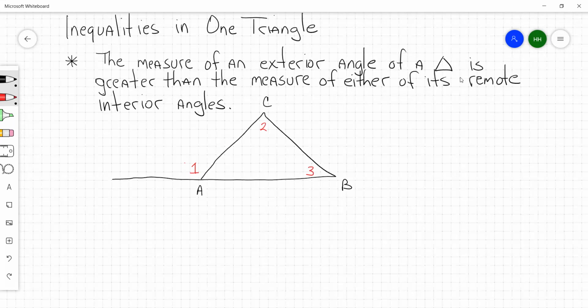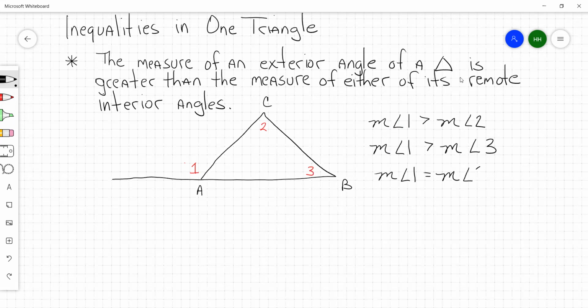So the measure of angle 1 is greater than the measure of angle 2. The measure of angle 1 is greater than the measure of angle 3. And that's because the measure of angle 1 is equal to the measure of angle 2 plus the measure of angle 3.